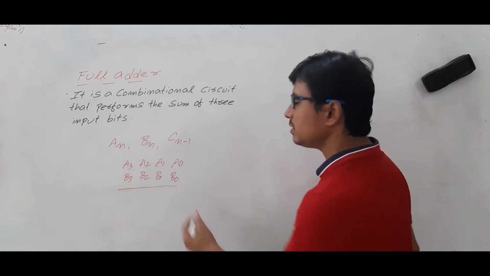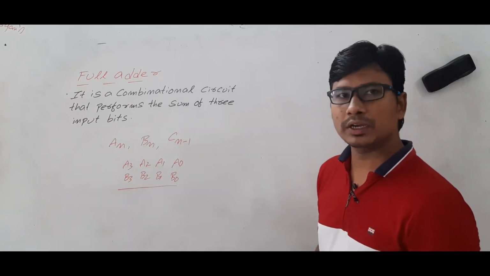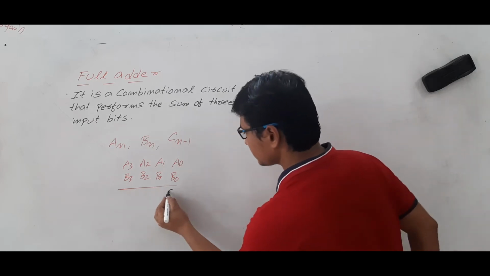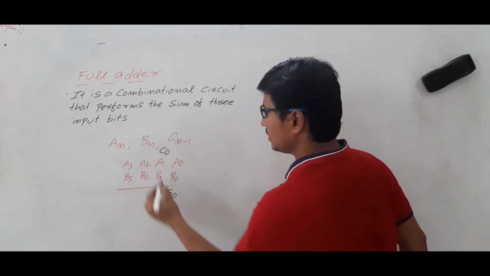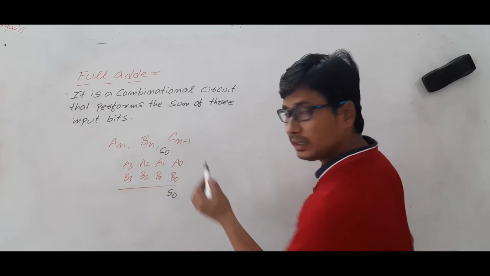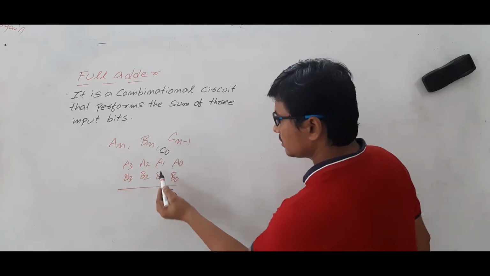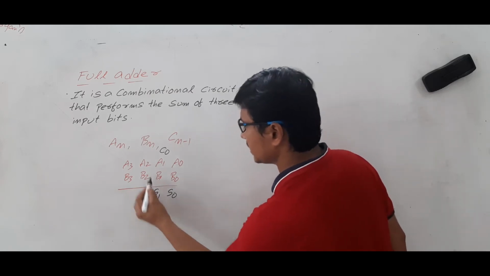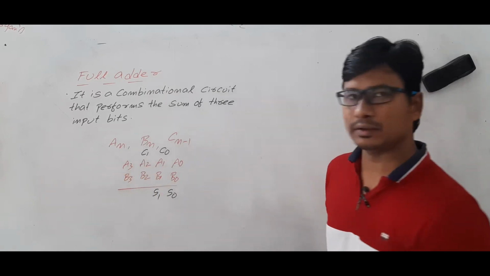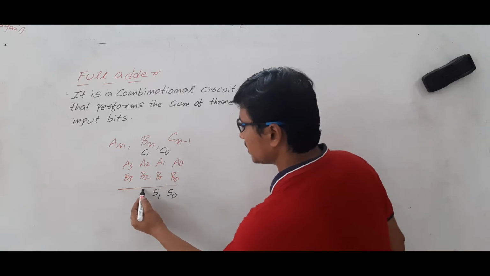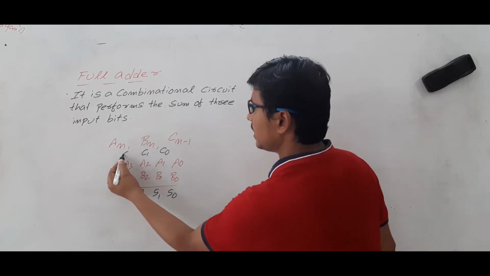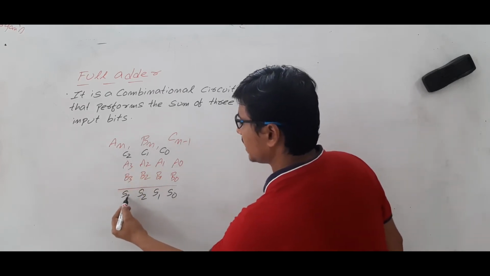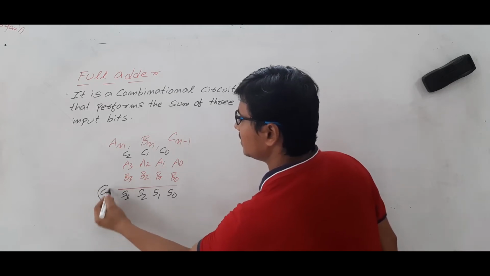Now if I perform the addition of A0 and B0, I will get the sum and the carry. Now the carry, A1 and B1: if you perform addition, you will get the sum S1 and carry C1. Now again you perform the addition, you will get the sum and the carry, and at the end you will get the end carry. Am I right?